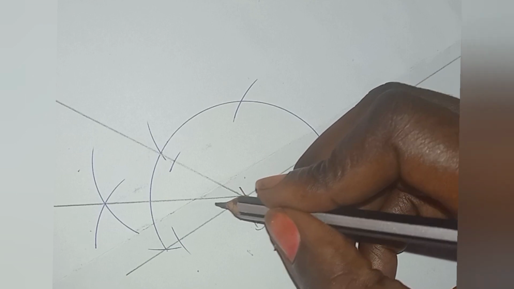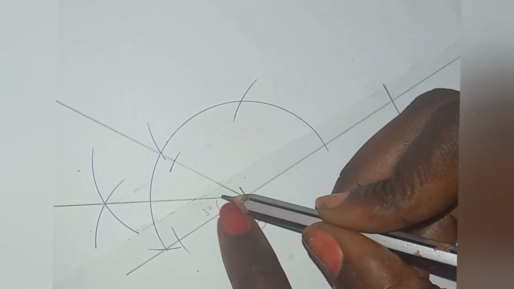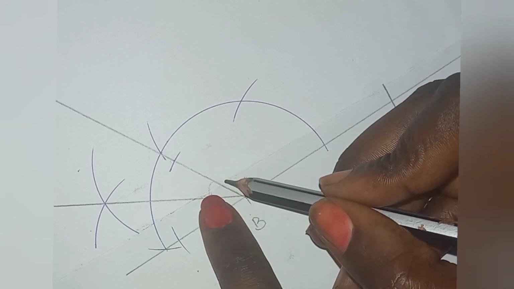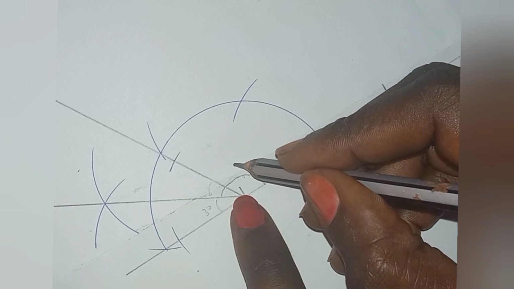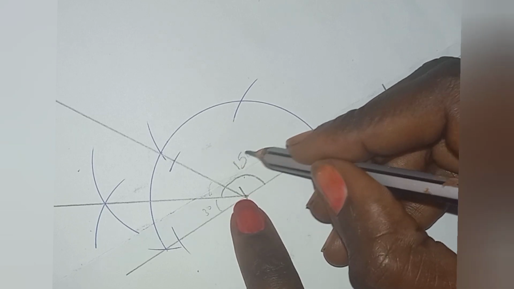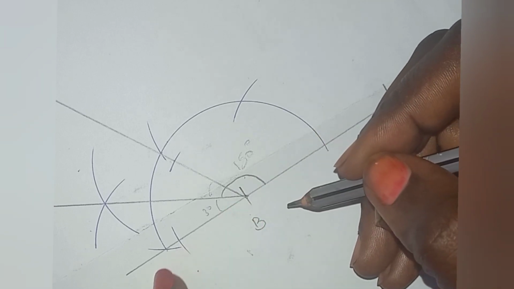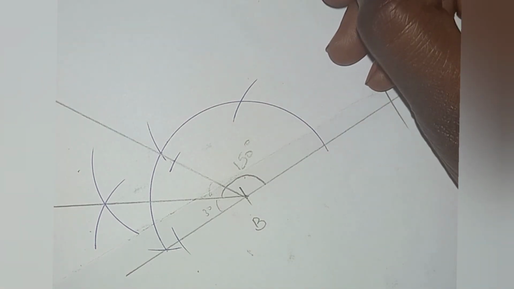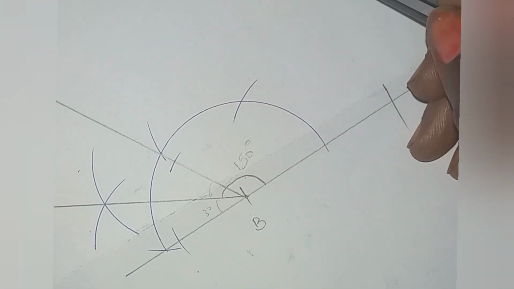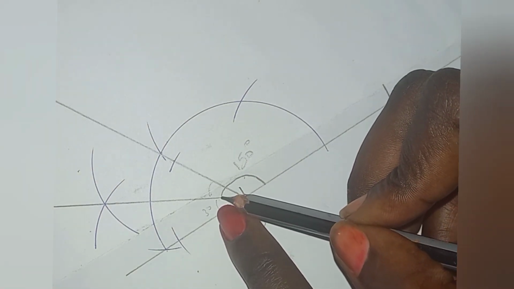This one will be 30 degrees and this one will be 30 degrees. So if you take this 30 degrees and add it to 120, you will have constructed 150 degrees, because 120 degrees plus 30 degrees is 150 degrees. When you want to construct 165 degrees, you know that from here up to here is 150 degrees.